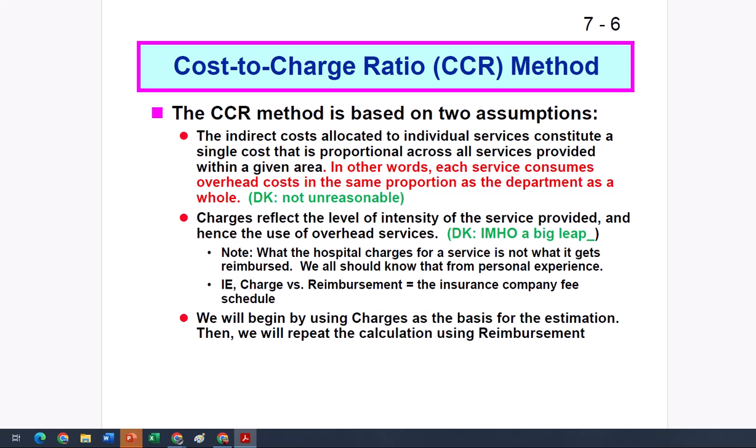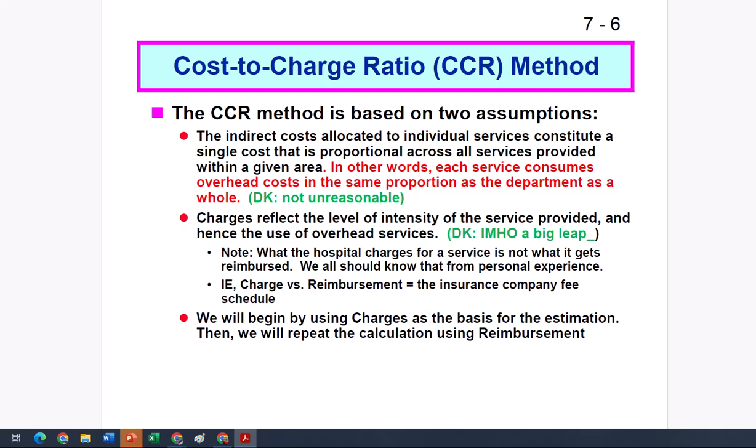Now patients are mad if they're not out in 4 hours. So charges are inflated. Do they tie to reimbursement or intensity of service? I would say no, especially as technology improves and the intensity shifts.